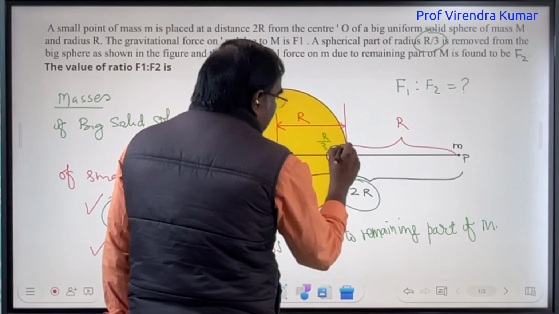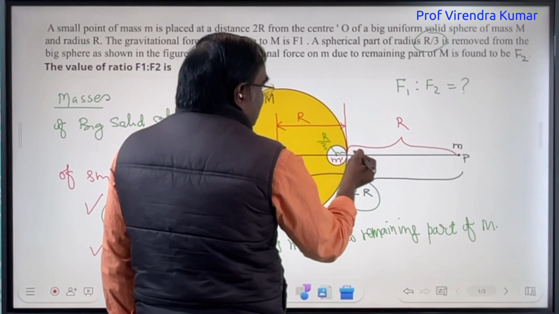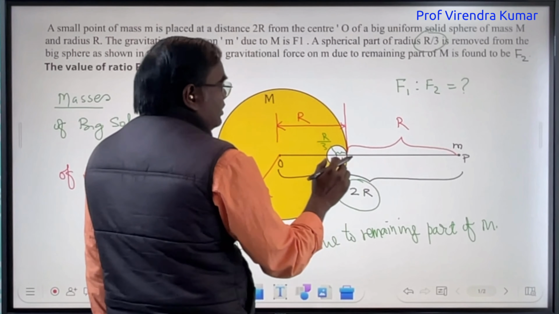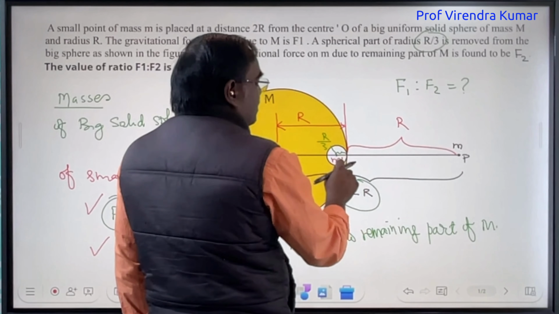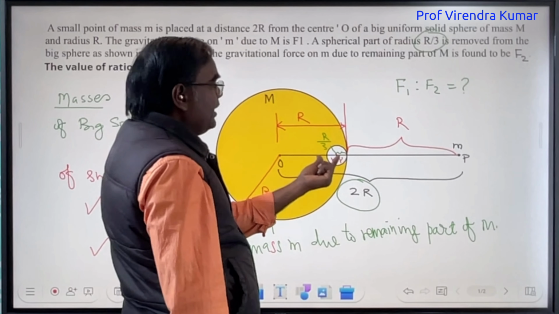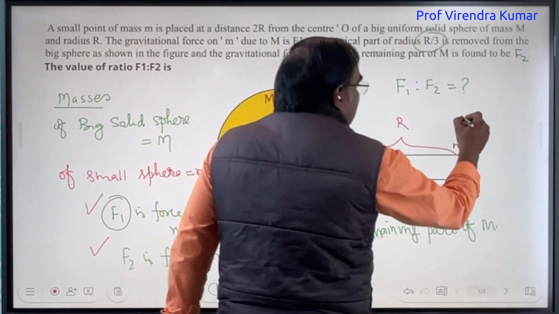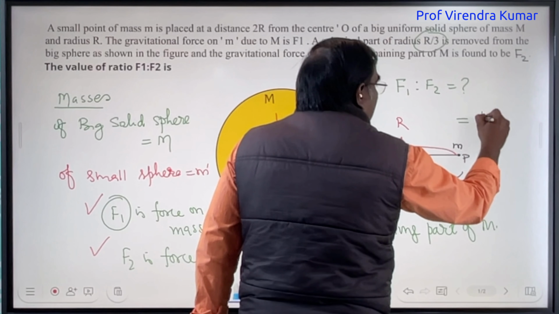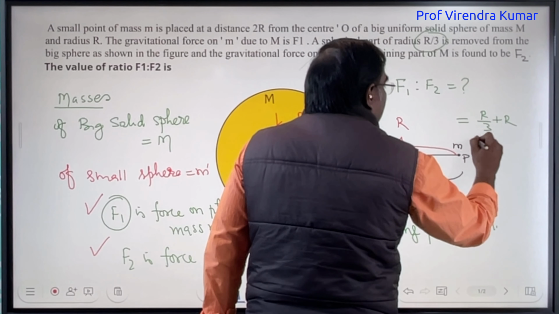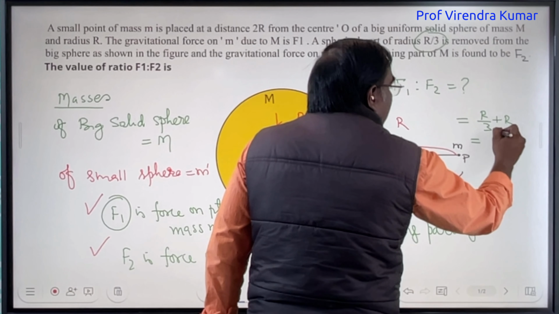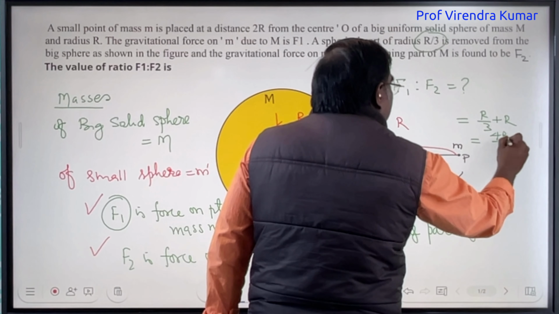distance is r/3, right? So the distance of point mass m from the small sphere m prime is equal to what? r/3 plus r, that is 4r upon 3.